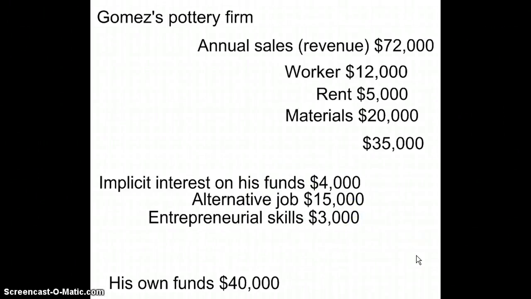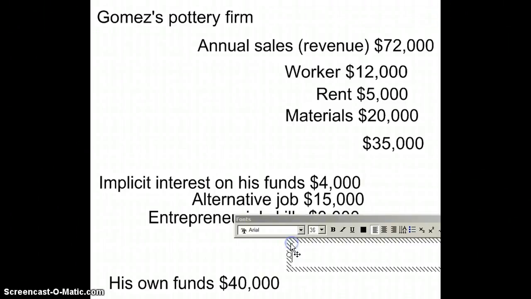Altogether then, his explicit and implicit costs are going to be $37,000 plus $3,000 plus $4,000. Oops, I made a mistake on the calculator. $37,000 plus $3,000 plus $4,000 plus $15,000. So his total costs are now going to be $59,000. He has total costs of $59,000 when we add together explicit and implicit costs.